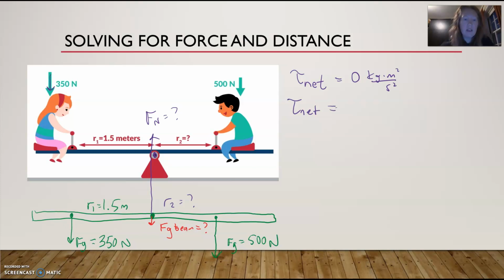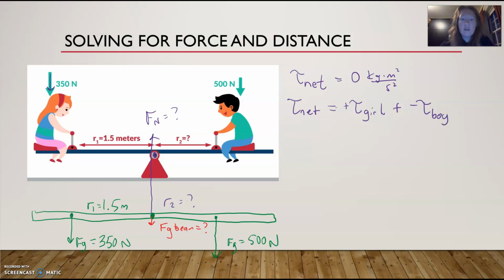This force right here would make the seesaw tend to rotate counterclockwise. So that's a positive torque. So then I would do the positive torque from the girl, plus the boy. If it was just him on that seesaw, he would cause the whole beam to rotate clockwise. That's a negative torque.